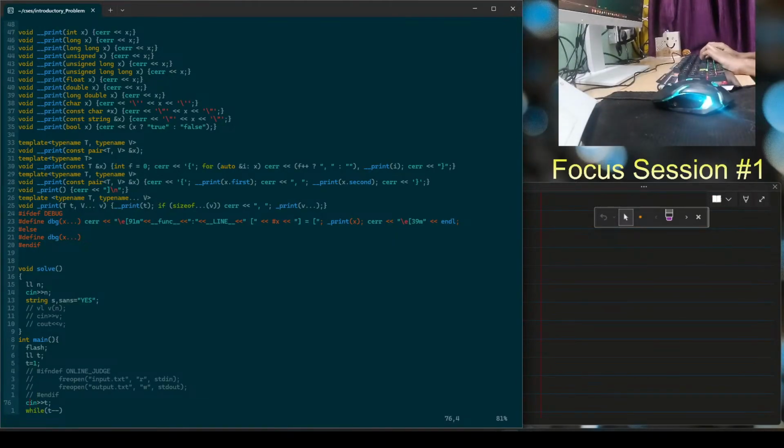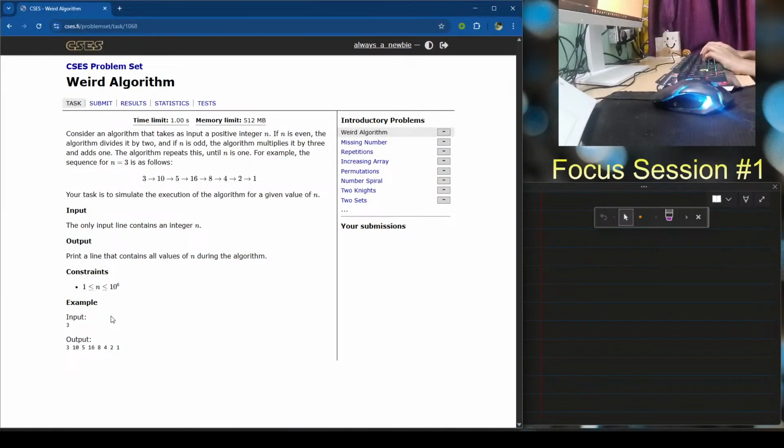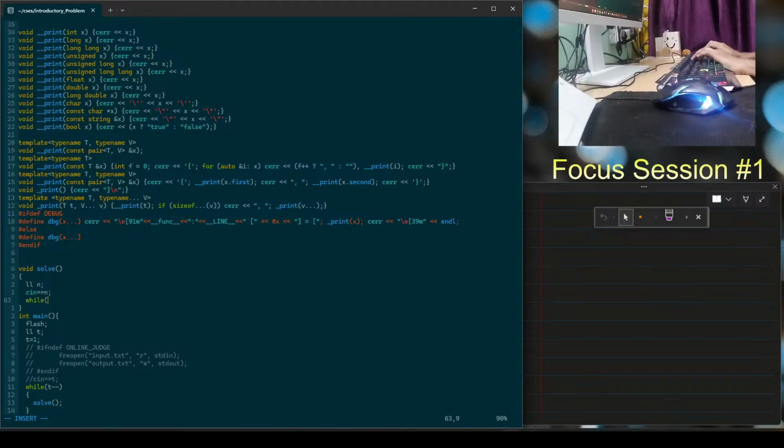I will require n, which is starting from 3. And n is not equal to 1.